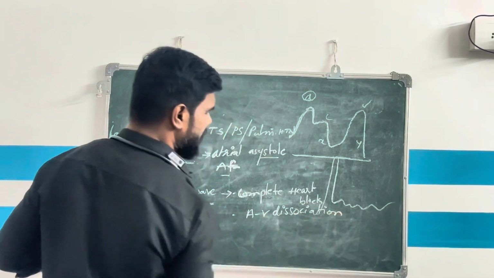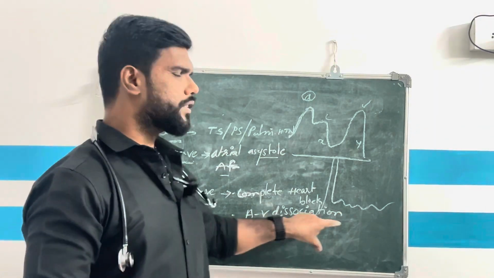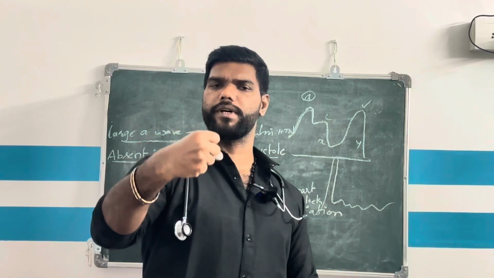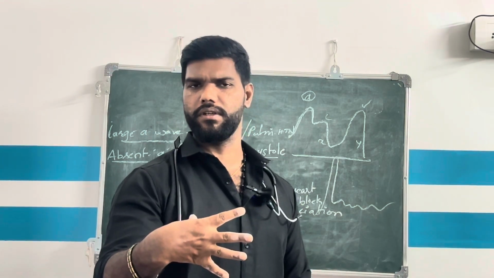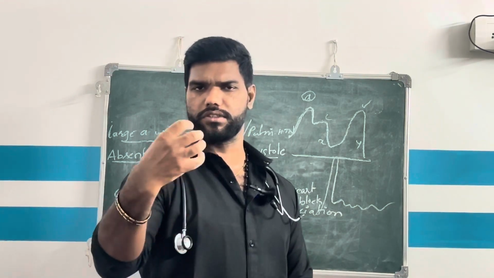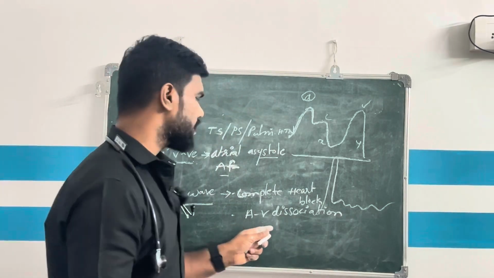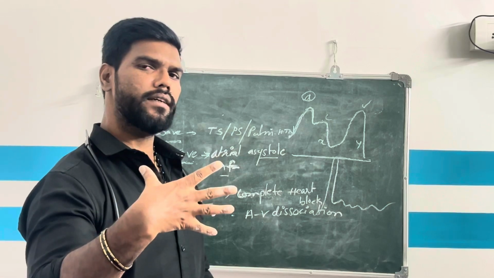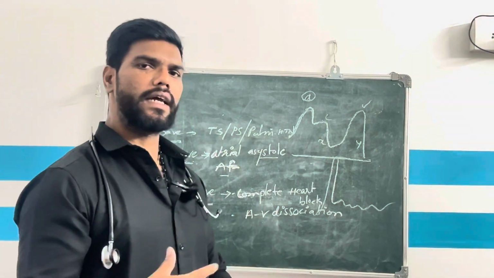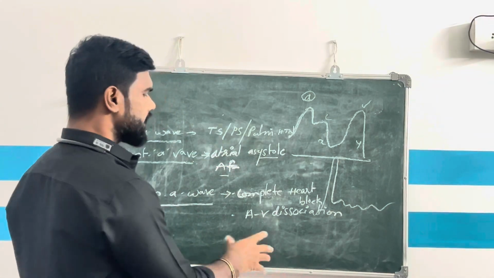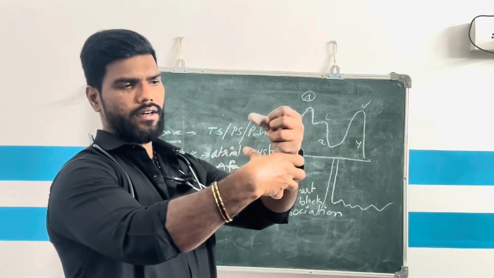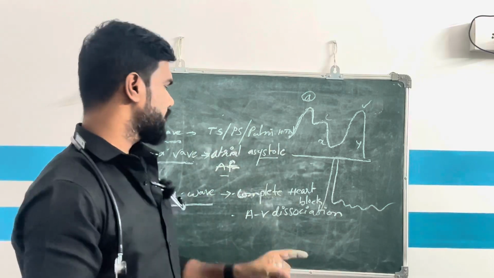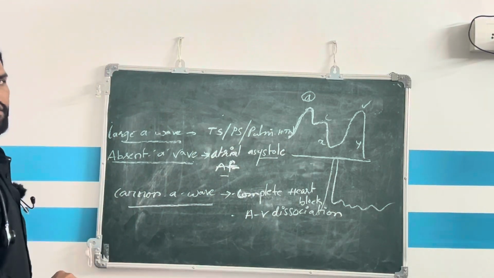AV dissociation means atrioventricular dissociation. Generally, in the normal condition, atrial systole is followed by ventricular systole, then diastole. But in atrioventricular dissociation, the atria contract in their own manner and the ventricles also contract on their own. Sometimes both atria and ventricles contract at the same time, systole and diastole simultaneously, which produces a cannon A wave.